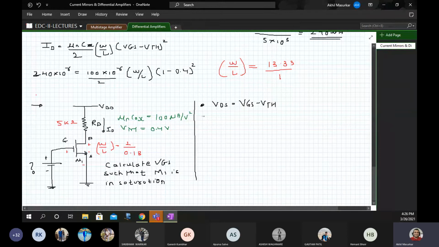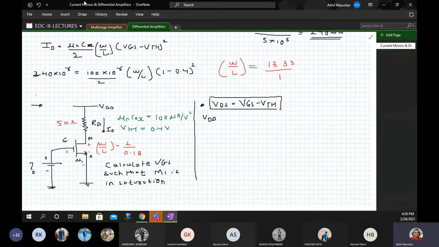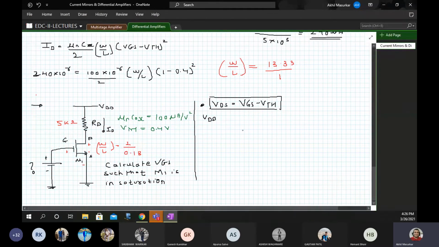This is my first equation. Therefore, VDS is equal to VDD minus IDRD.